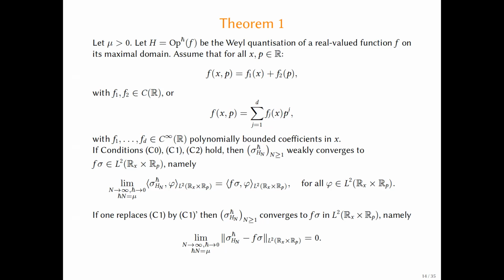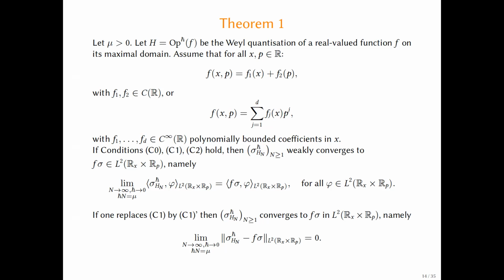So if f is one of these two possible choices, and if conditions C0, C1, and C2 hold, namely if the sequence of the Weyl symbols of the projection weakly converges, if the sequence of the Weyl symbols of the truncated Hamiltonian is bounded, and if the condition, which is hard to check of course, holds, then the sequence of the Weyl symbols of the truncated Hamiltonian weakly converges.